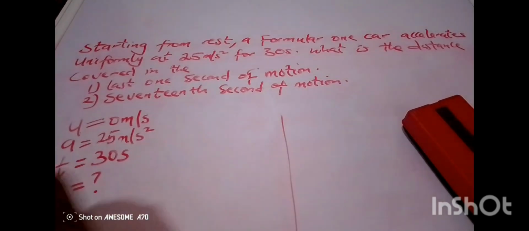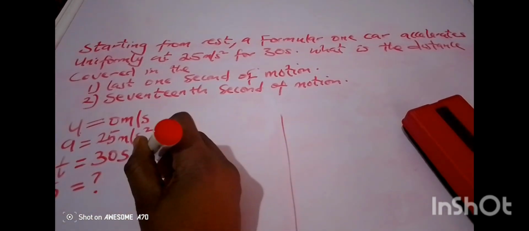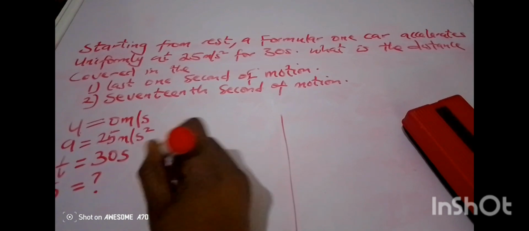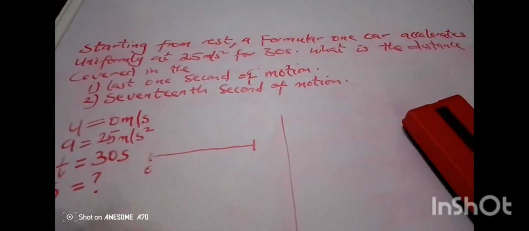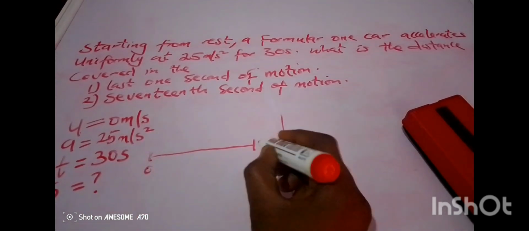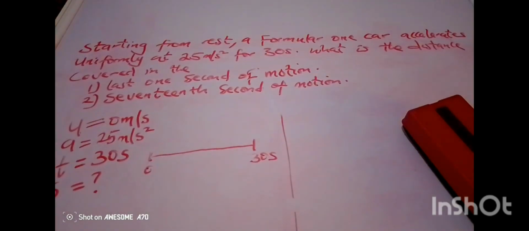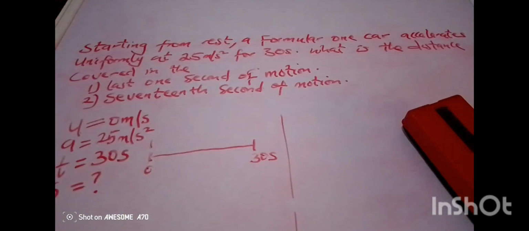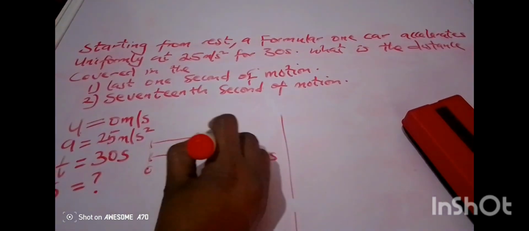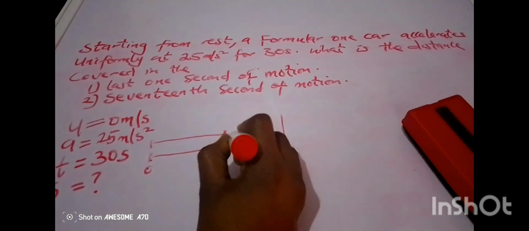Let me use this chart just to illustrate. The object starts from rest at time 0, and it covers a distance as it goes to 30 seconds. But before that, it covers a distance until it reaches a point, let's say 29 seconds.